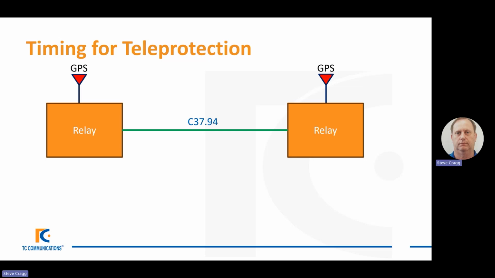We are talking about a real-time clock. A GPS clock can provide really accurate timing down to the nanosecond, which is used by the teleprotection relays to timestamp events, such that if an event occurs on the relay on the left and an event occurs on the relay on the right, you can timestamp both of those, and then you can do a comparison to say, were those two related or were they different?